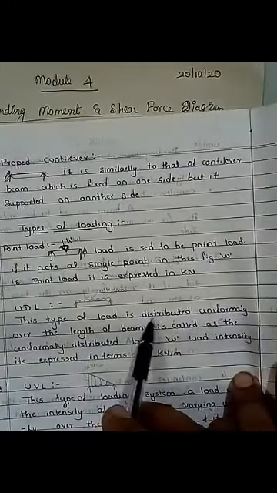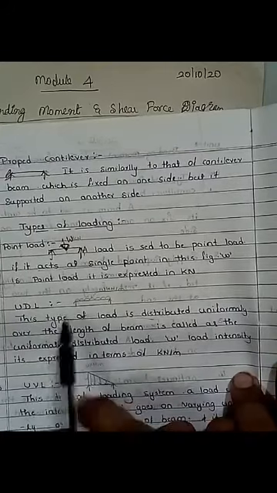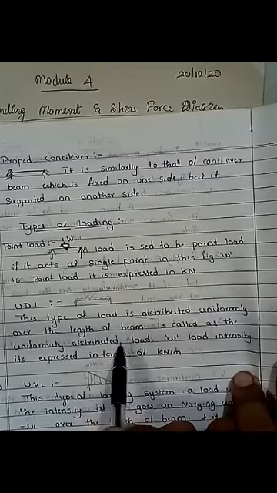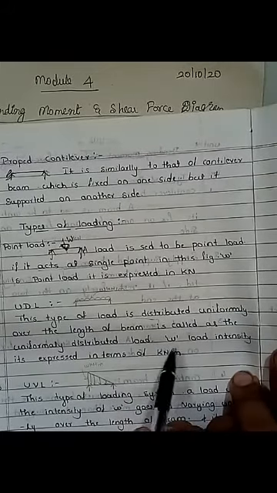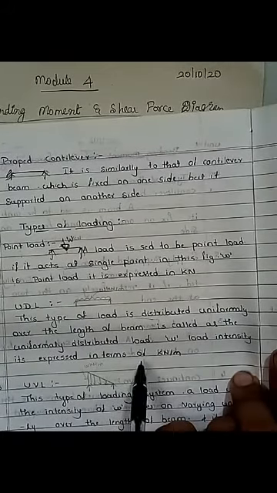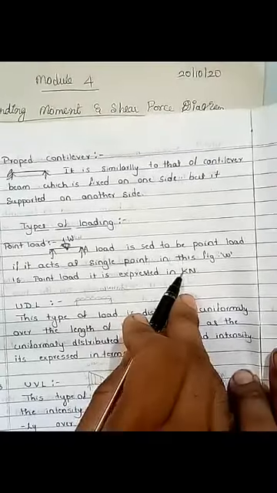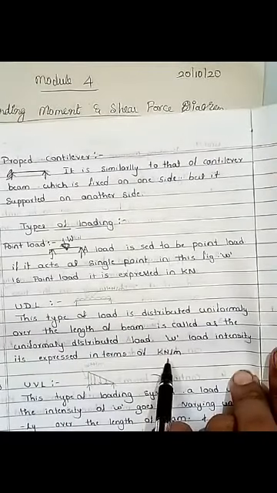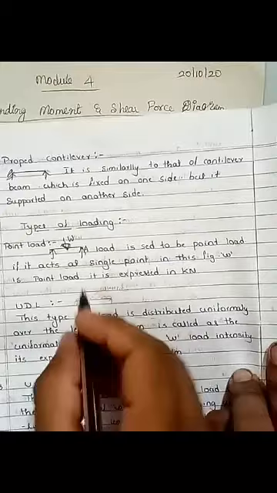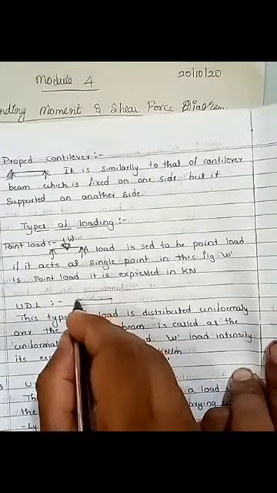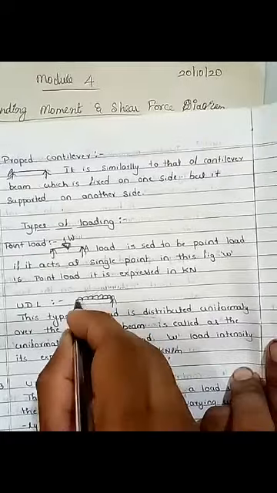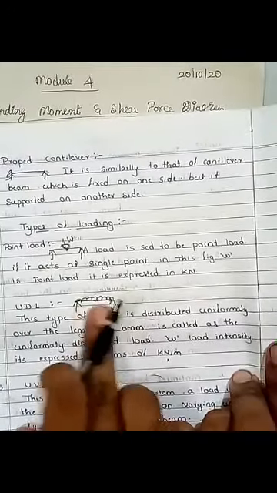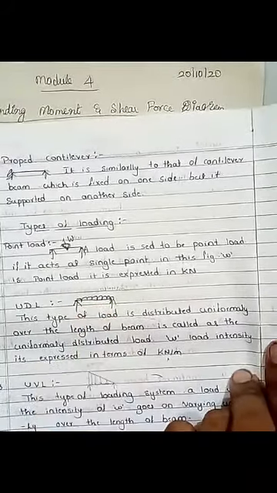This type of load is distributed uniformly over the length of the beam and is called a uniformly distributed load. W is the intensity. Point load is expressed in kilonewton, and this is expressed in kilonewton per meter. This is the UDL, which is spread over the total beam.